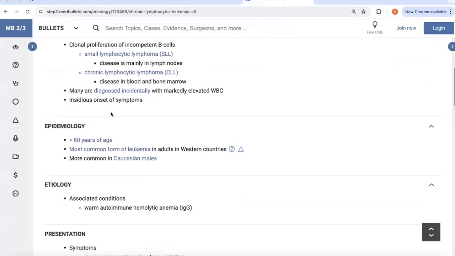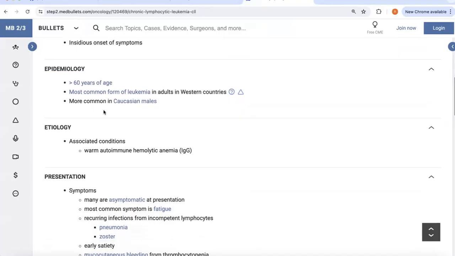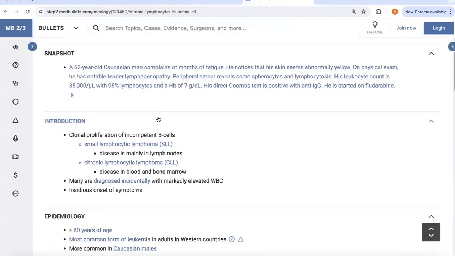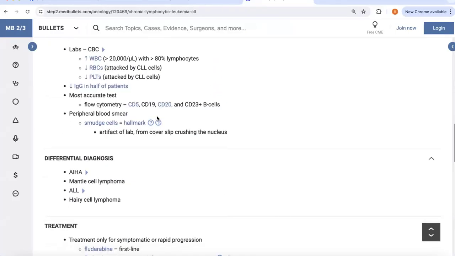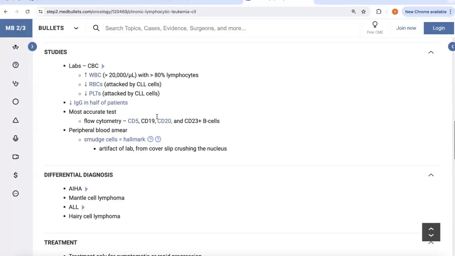CLL is also common in adult patients above 60, and it is the most common form of leukemia in adults. So ALL is most common in children, and CLL is most common in adults. The symptoms are pretty much the same. Now, if you do the investigation, definitely WBC count will be very high, with more than 80% being lymphocytes. That's why it is called chronic lymphocytic leukemia.